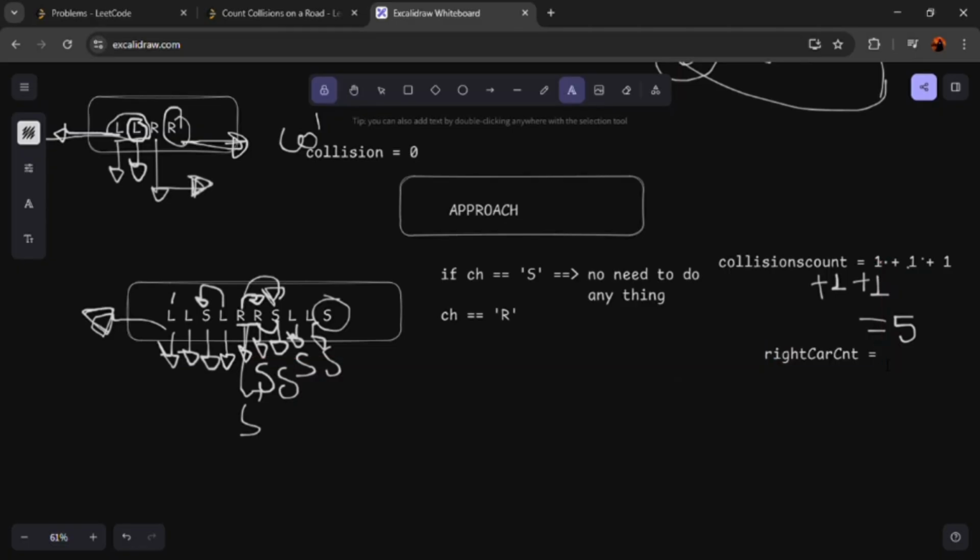So here I take the right count as 2. After the collision I make it 0.